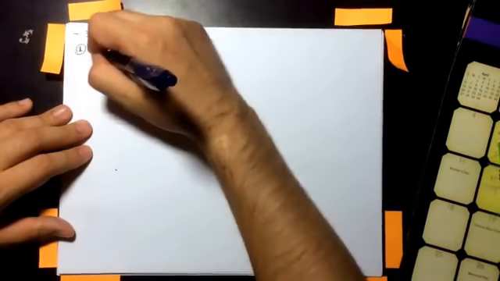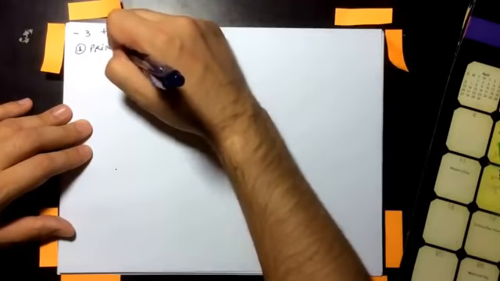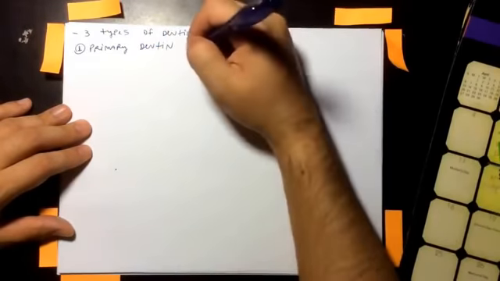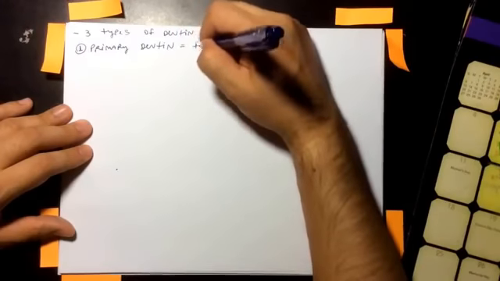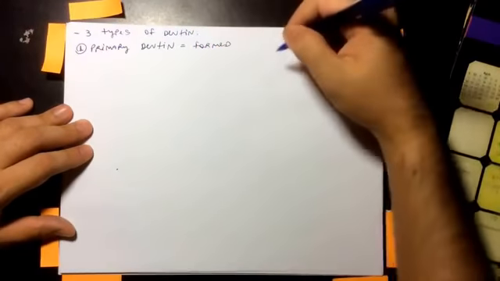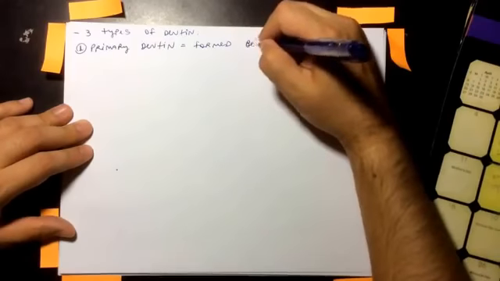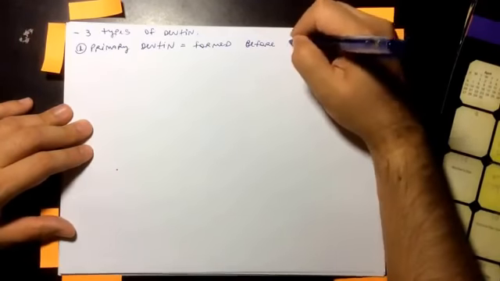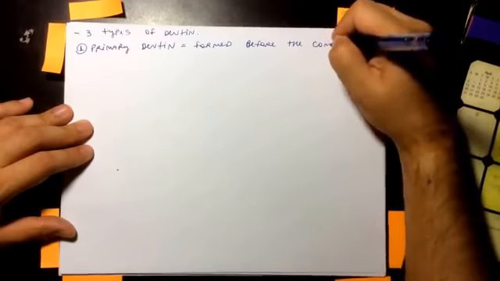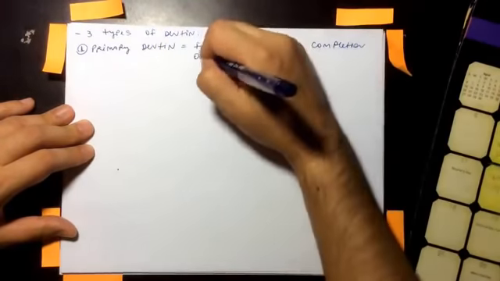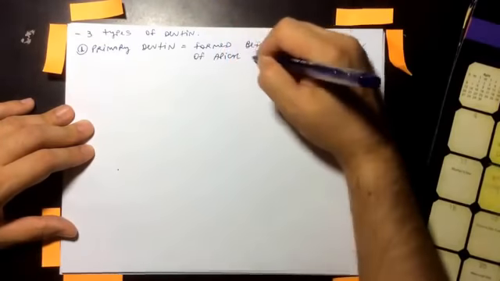The first one we're gonna call primary dentin. And the primary dentin is formed before the completion of the apical foramen.